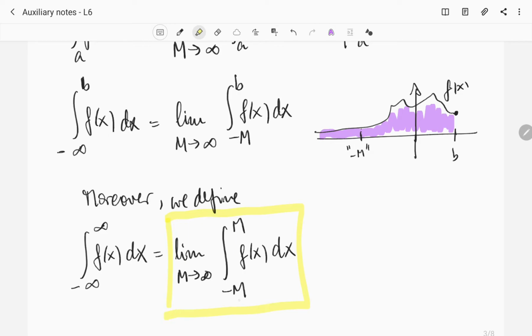So we have a positive m, and we compute the proper integral from minus m to m of f, and then we make m go to infinity. And that's the definition for this last improper integral.